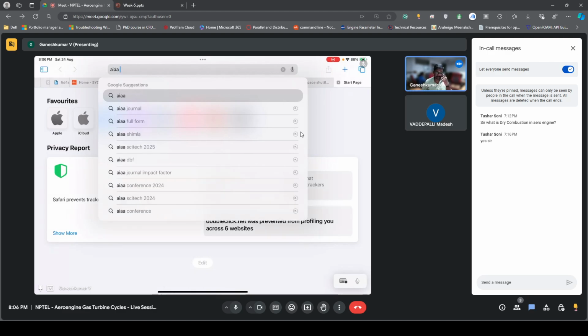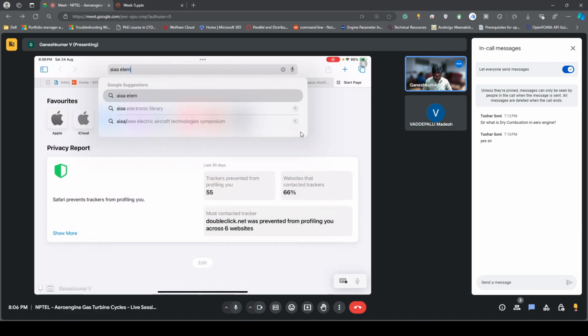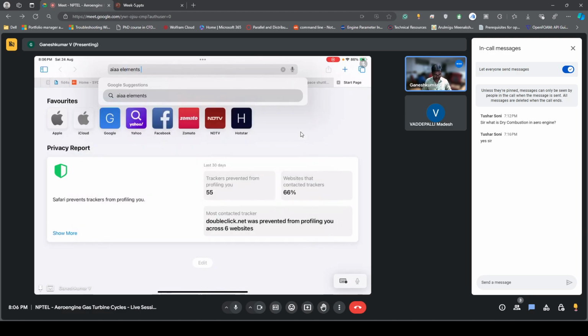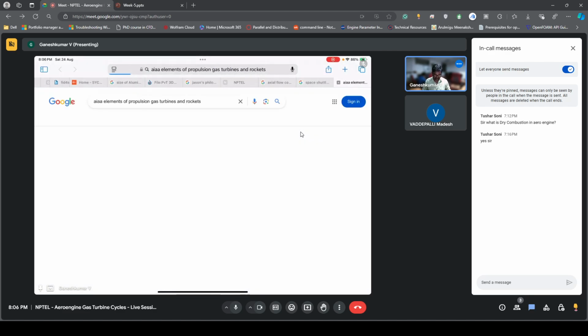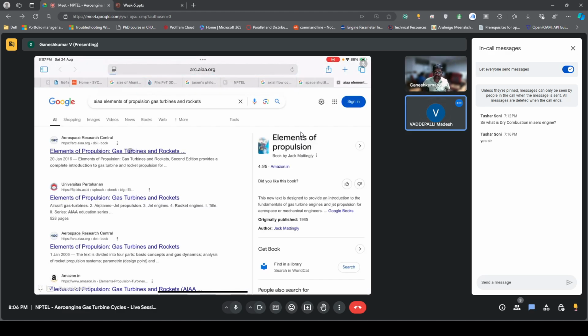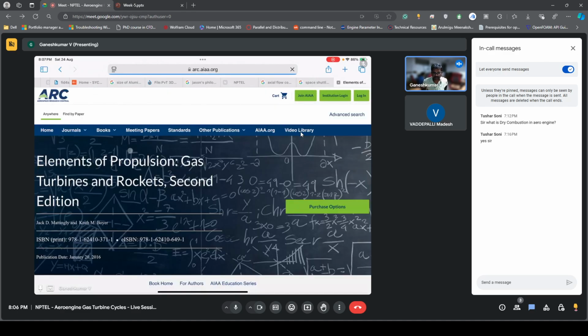So you must know one of the books I have here is Elements of Propulsion: Gas Turbines and Rockets.